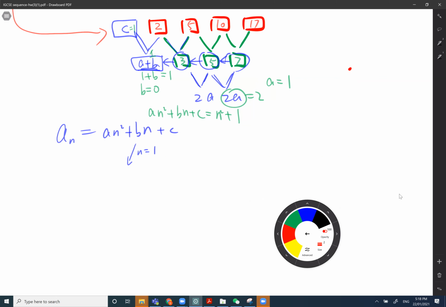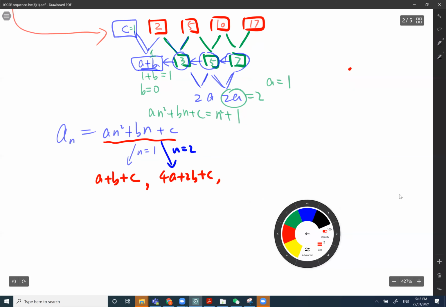It just changes to a plus b plus c. If n equals 2, what do we have? 4a plus 2b plus c. Excellent.